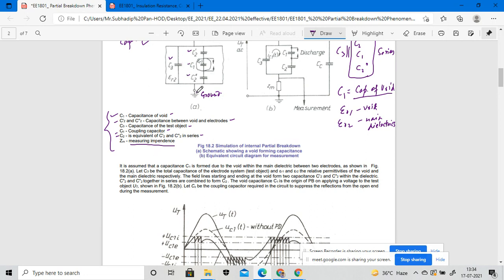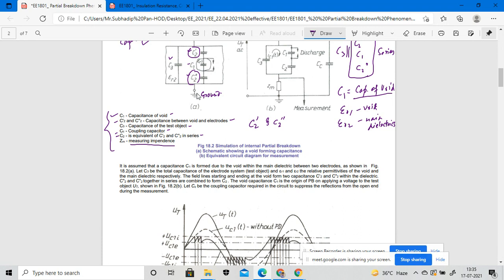The field lines starting and ending at the void form the two capacitances, which are called C2 dash and C2 double dash, within the dielectric. So C2 dash and C2 double dash occur due to the void, and some field lines are generated at the start and end of the void that form these two capacitances.